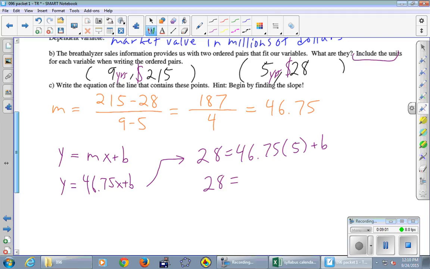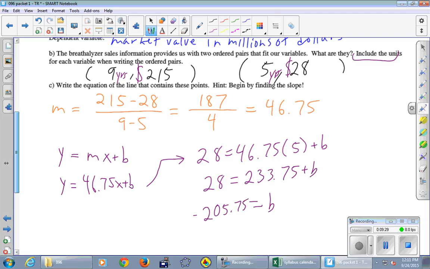Somebody with a calculator help me out here. 233.75. Thank you. And then we'll move that over and get b equals what? Negative 205.75. Great.